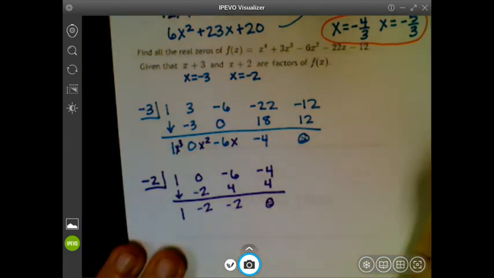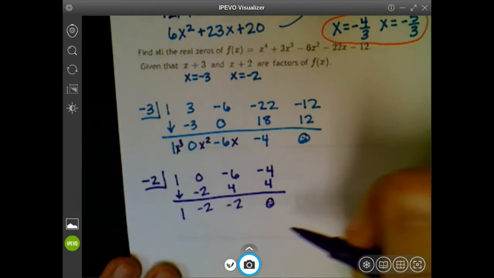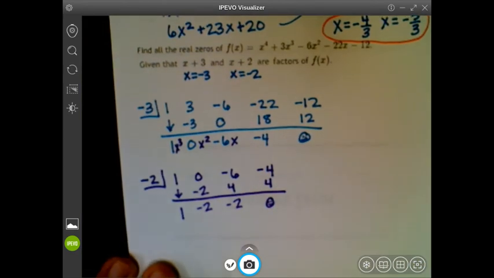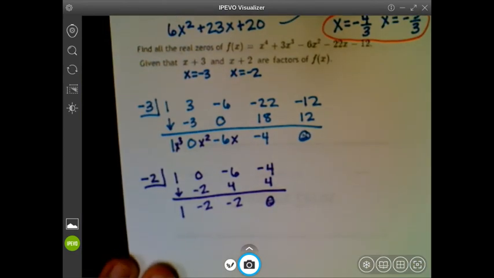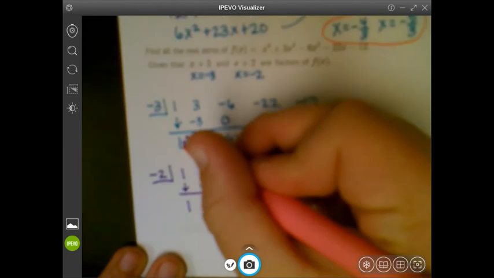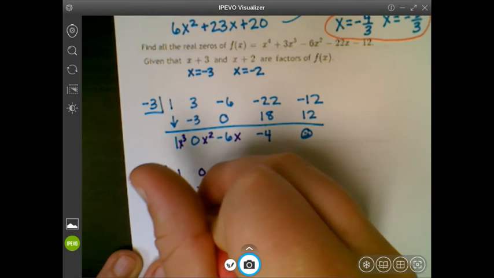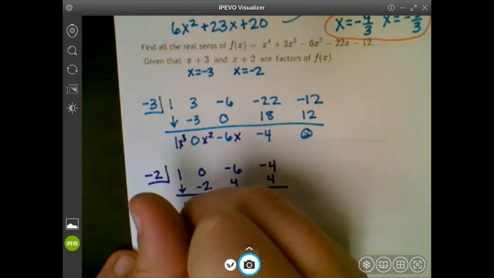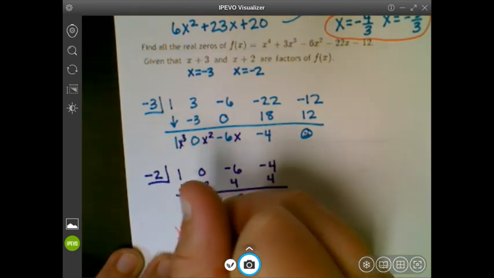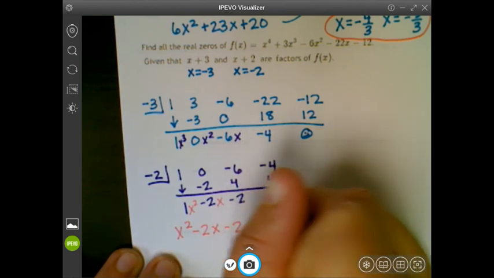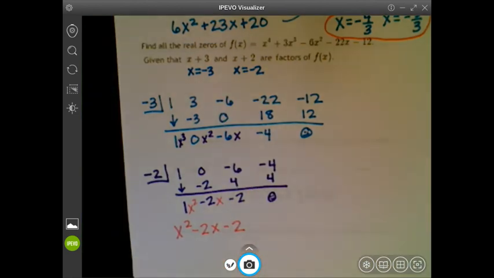And once again, we have a 0 at the end, which does also confirm that, yes, that is a 0 of this polynomial. And then because these coefficients here came from the cubic, that makes this an x squared and an x. So our polynomial that we have so far left over is x squared minus 2x minus 2.